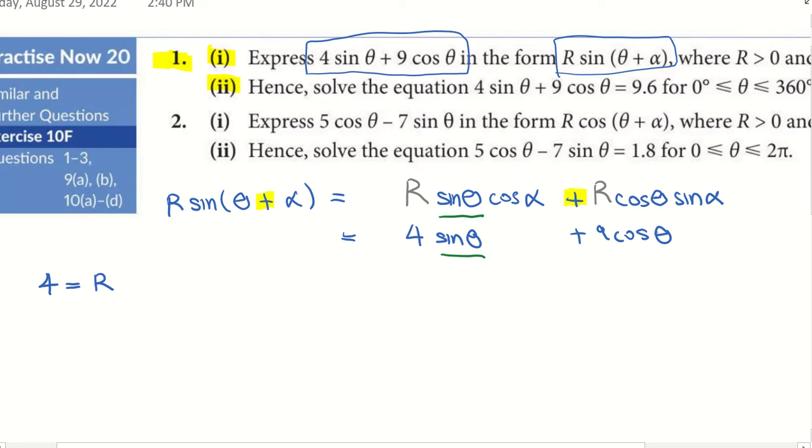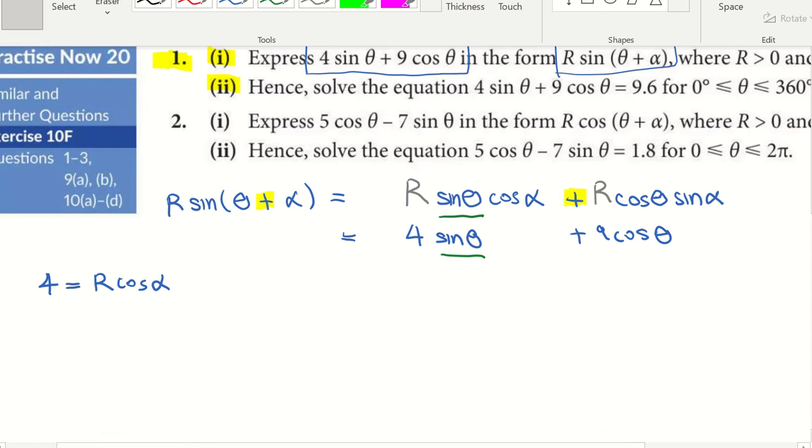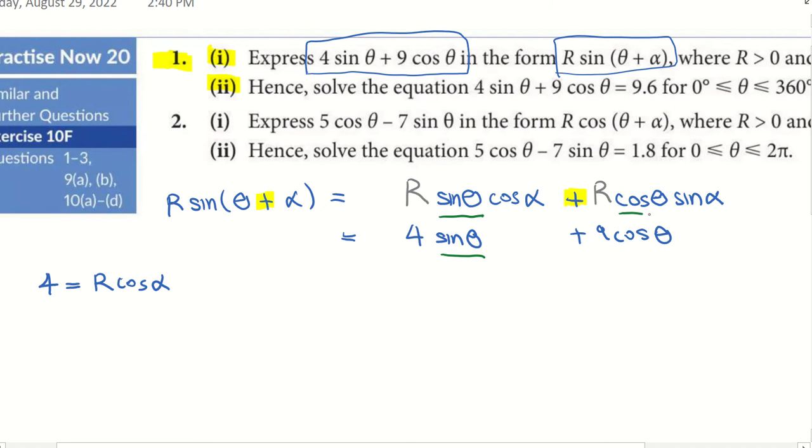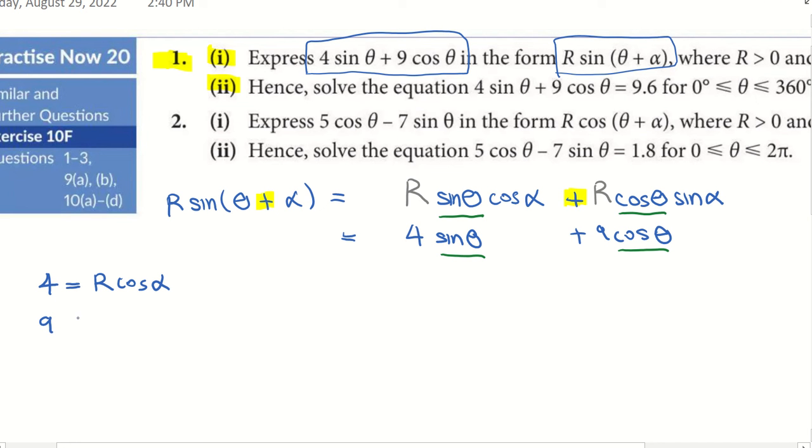It's actually R cosine alpha. What's the coefficient of the sine theta? It's R and cosine alpha. Then the second one, I can also compare because there is a cosine theta. What is the coefficient of cosine theta in the first one? Your 9 equals R sine alpha.